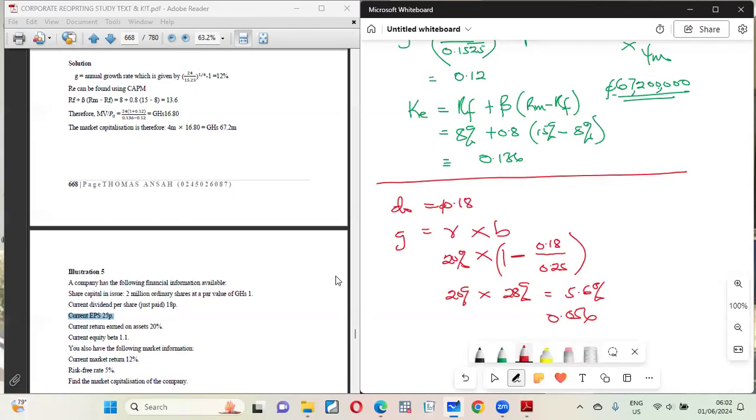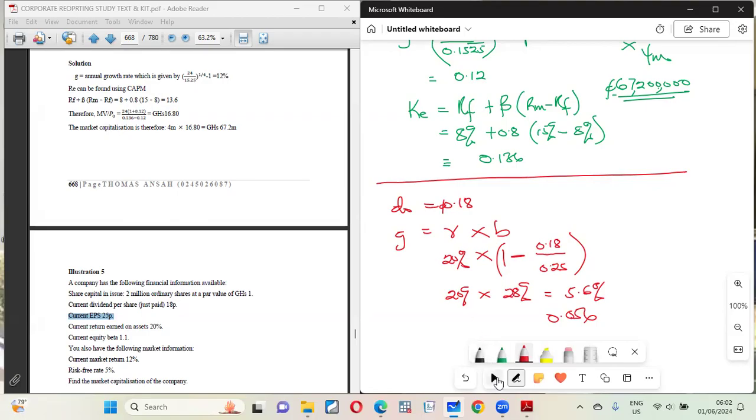Dividend per share is the total dividend of the company divided by the number of shares. So sometimes you have to go and find those things. That is where students will say the question is difficult. It's not difficult. You are just refusing to go and work out the other things and bring them in. You know how to find each variable.